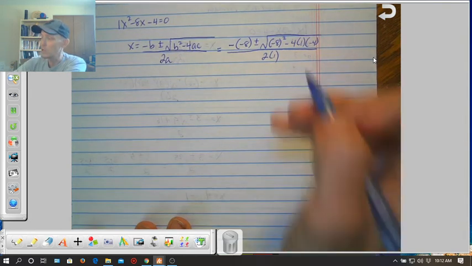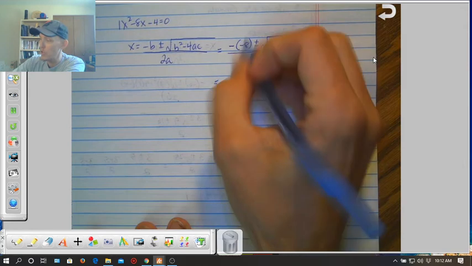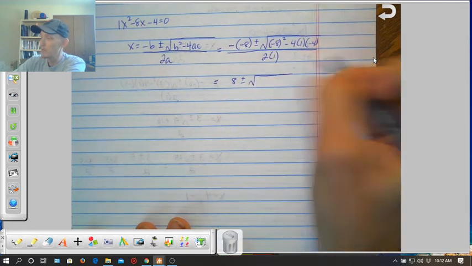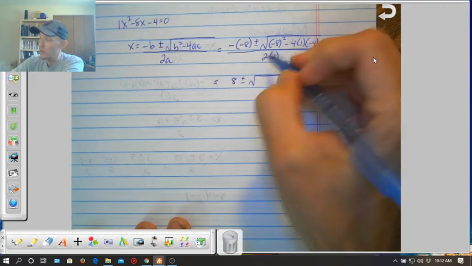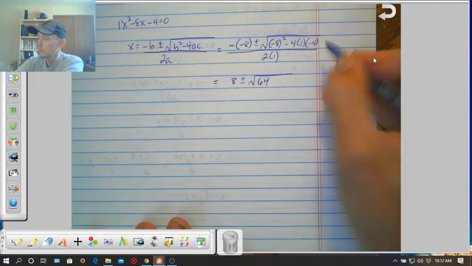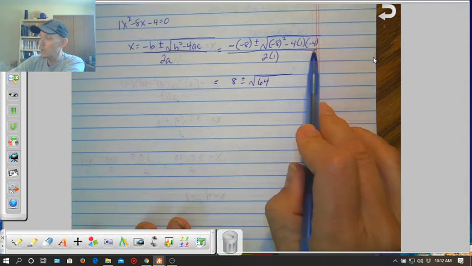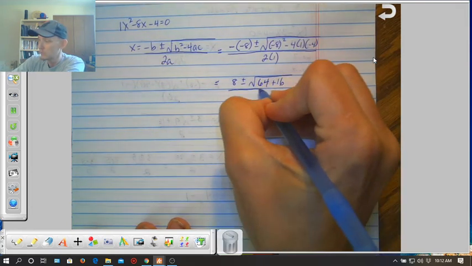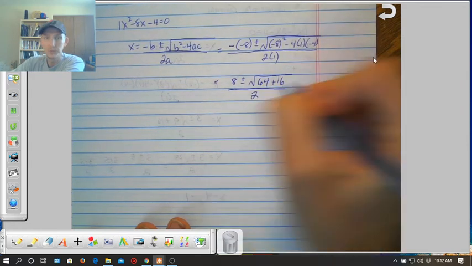All right, let's start to simplify the top of this fraction. The two negatives make that positive 8, plus or minus the square root of negative 8 squared, which is 64. Negative 4 times 1 times negative 4 is plus 16, all over 2.